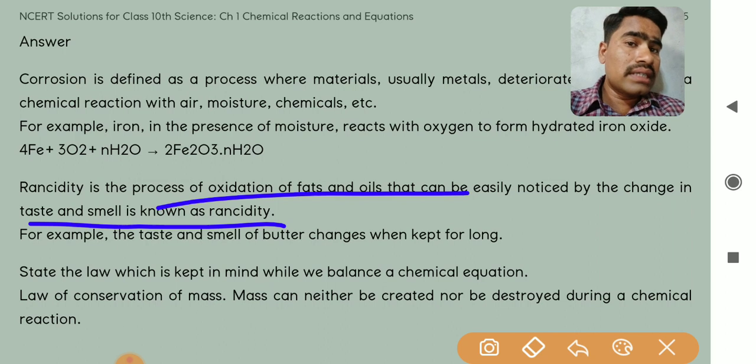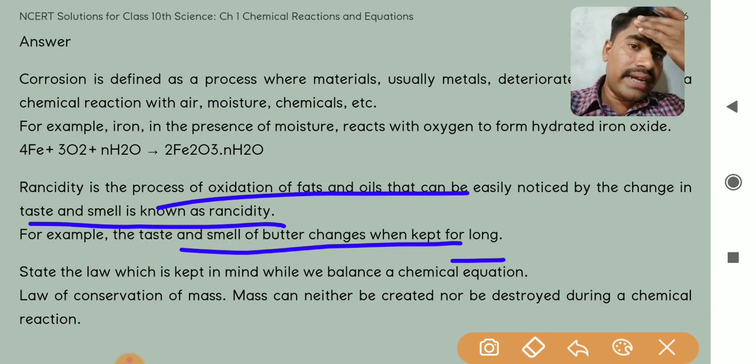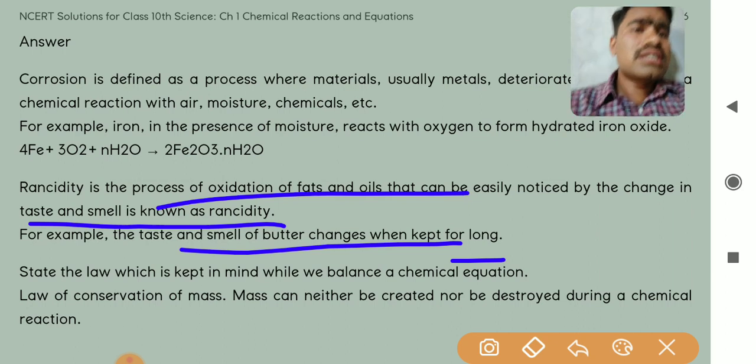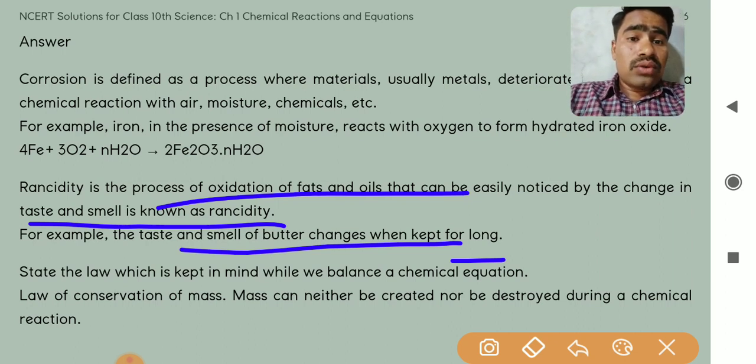When oxidized, its taste and smell changes, and that condition is called rancidity. For example, the taste of butter changes when kept for a long time. Butter, okay, which has fats. So the smell of that butter as well as the taste of that butter changes when kept for a long time.